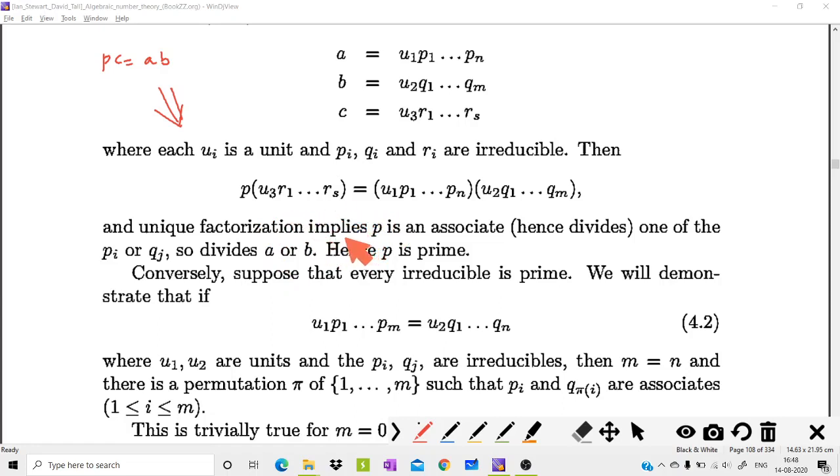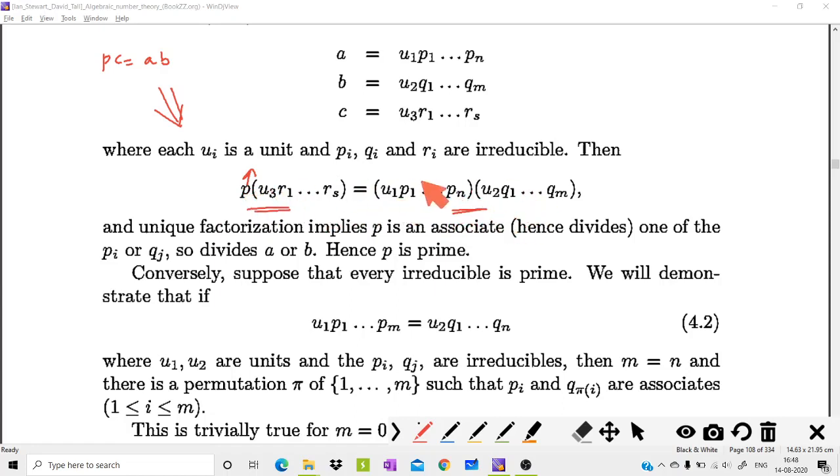Now we can say that this P is one of these pi or qj. This is because of the assumption that the factorization is unique. Here we have a factorization into irreducibles, and this is another factorization into irreducibles. So once you choose an irreducible here, you can get the same irreducible from this.